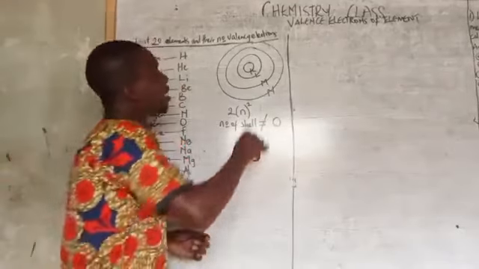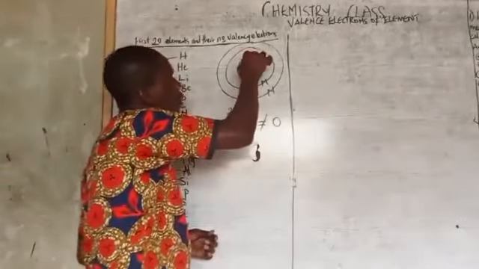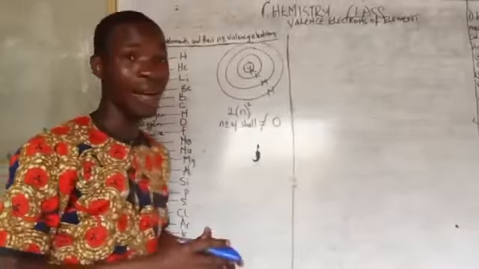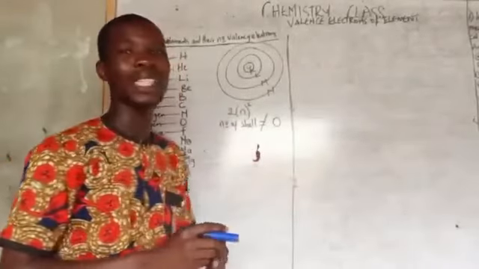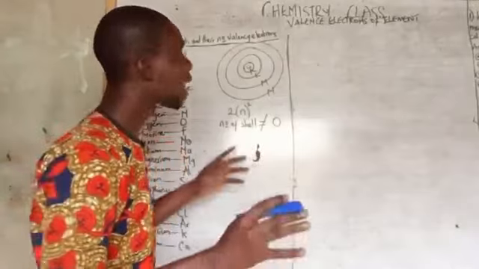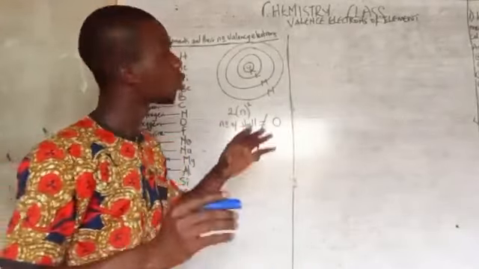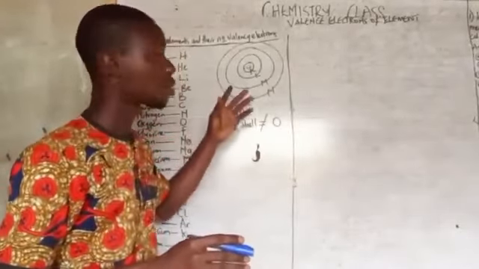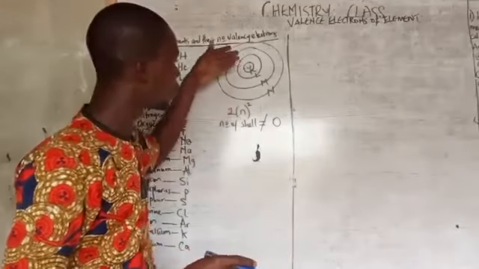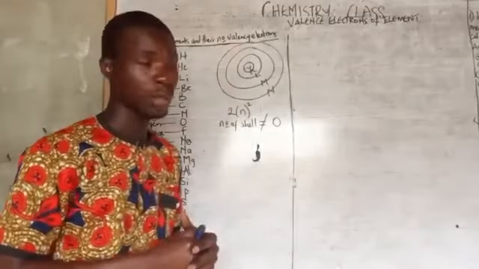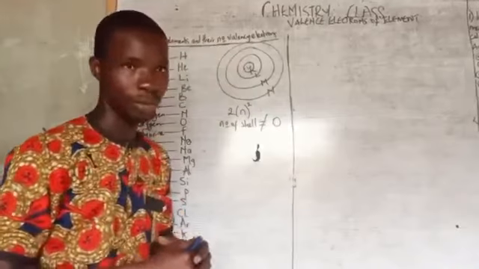So in the innermost portion here is actually where you have the proton and the neutron of an atom. However, we will not be focusing on that since we are not talking about the innermost part of the atom.